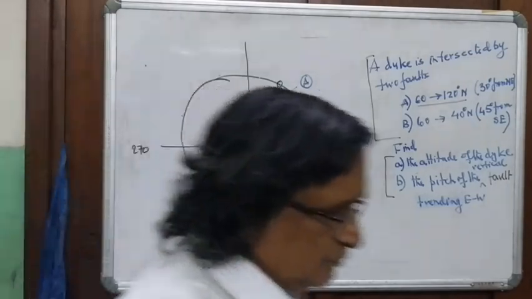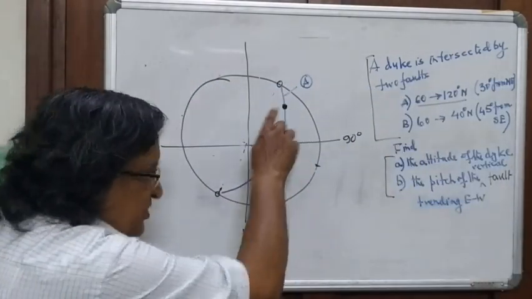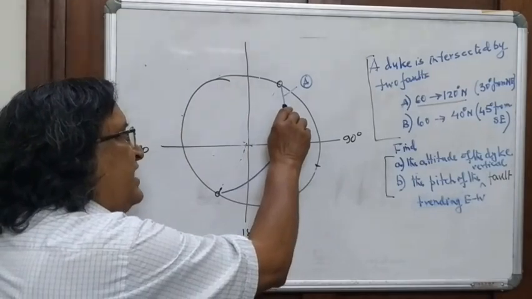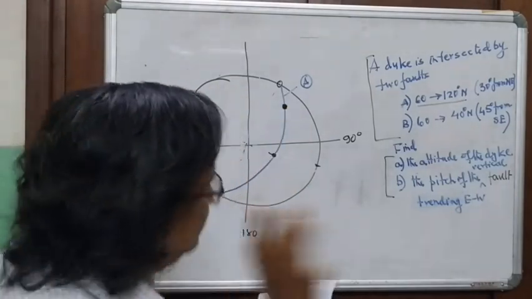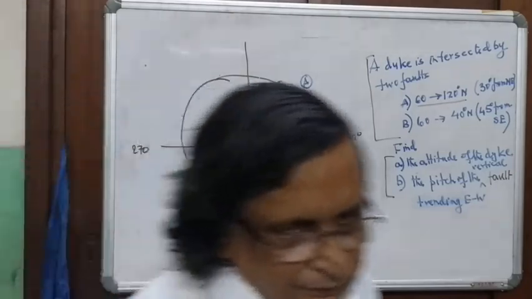Important, this point, what is this? This point is where the dike, I don't know the orientation of the dike, intersects A here. Right?